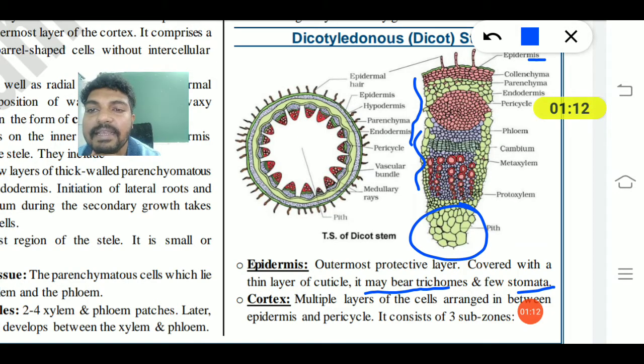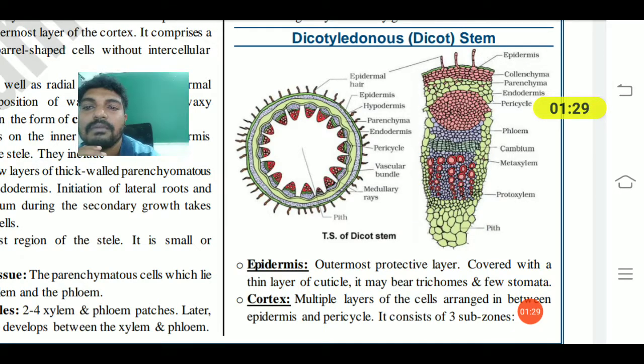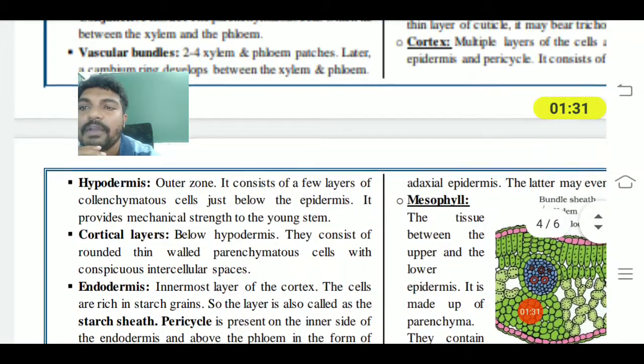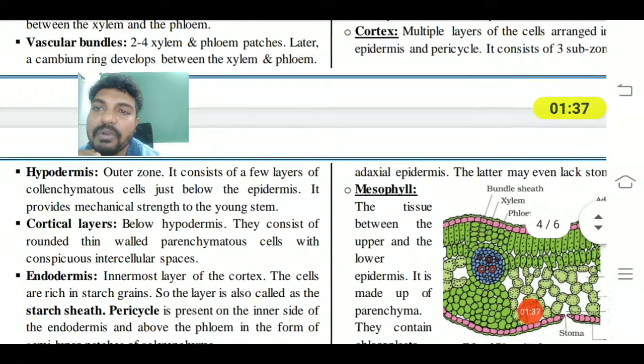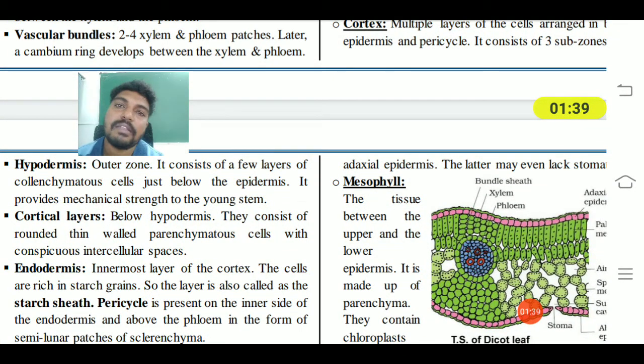Cortex is multilayered, arranged between the epidermis and pericycle. It consists of three subzones. The hypodermis, the outer zone, consists of a few layers of collenchymatous cells found just below the epidermis, giving mechanical support.